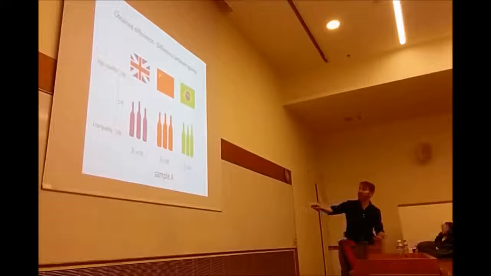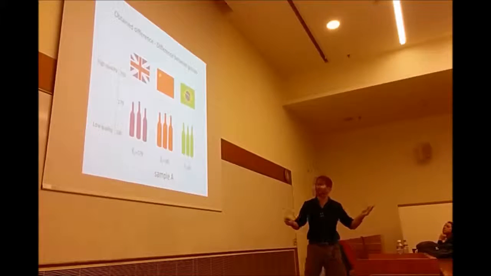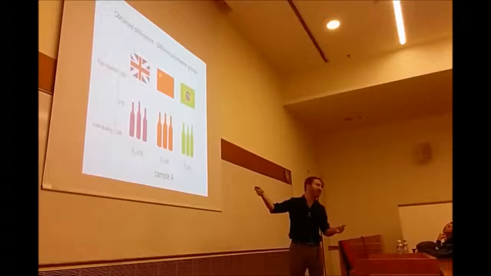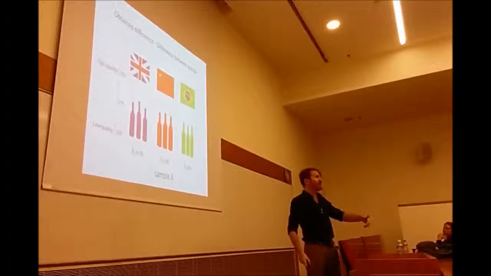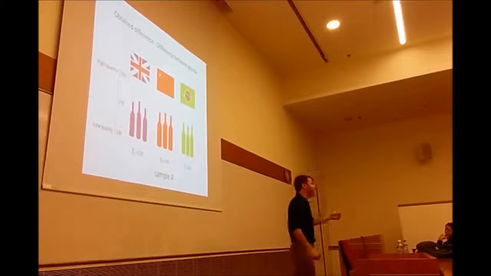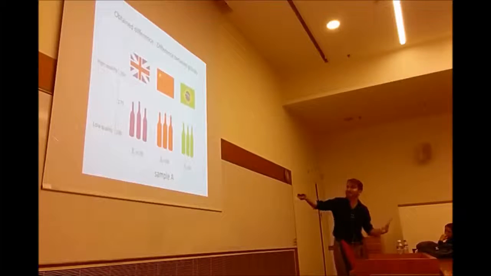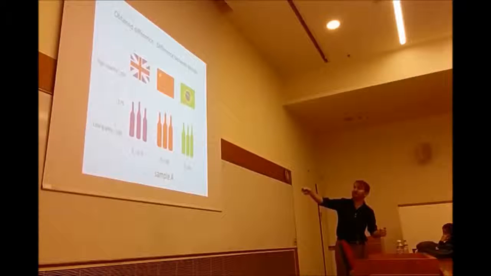This is sample A. And what do we see here? We see in the infographics that each bottle is one individual observation. The taller the bottle, the higher the quality, right? So this is a measure of quality from 100 to 250, and we have 3 bottles in each sample, right?